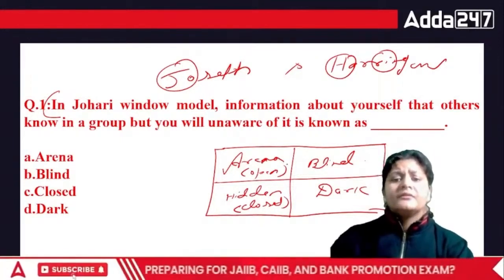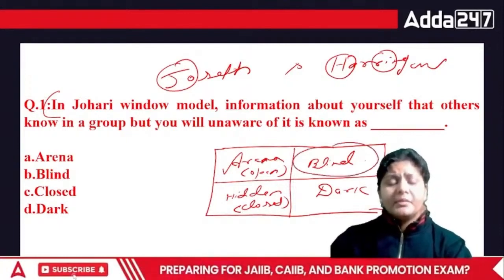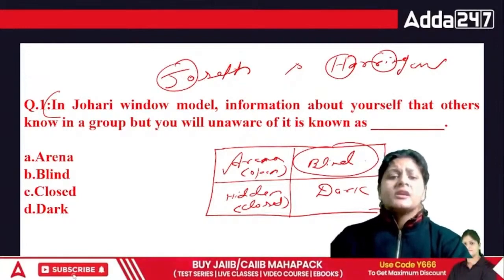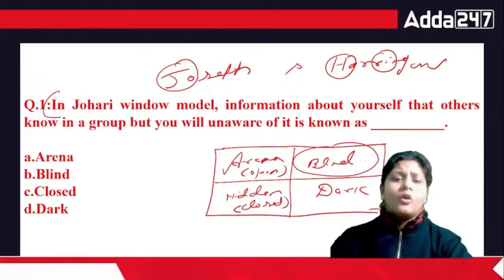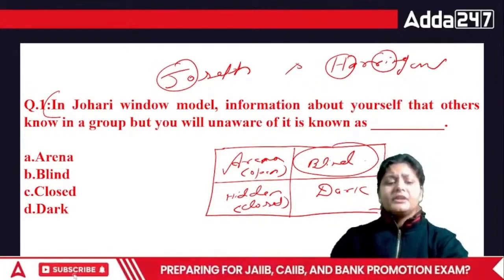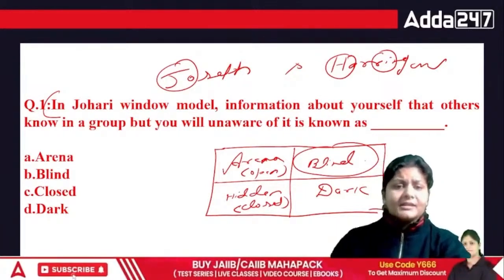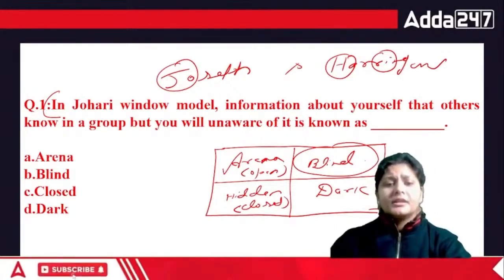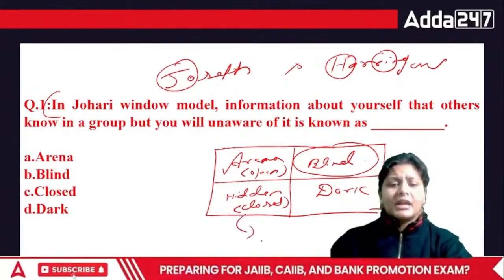Then we have the blind spot. In the blind spot, the information lying there is known to others but not known to yourself. That means we don't know about ourselves but others know about us, right? Then the third is not known to others. That is basically the mask type of situation.